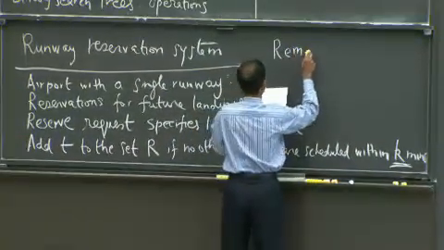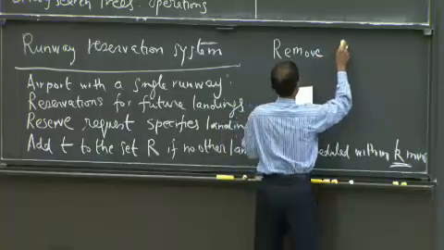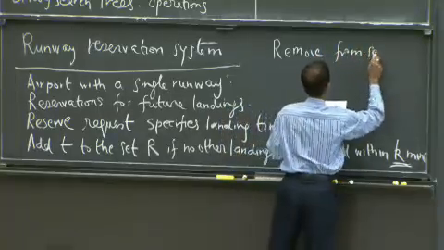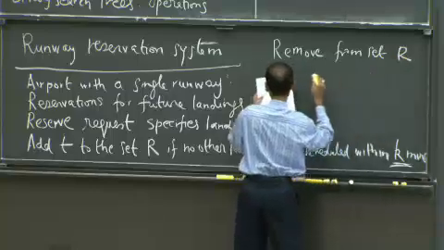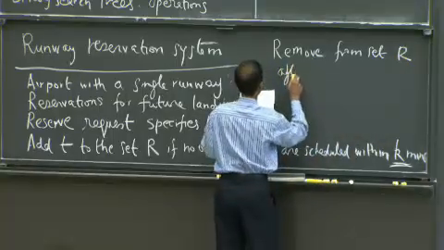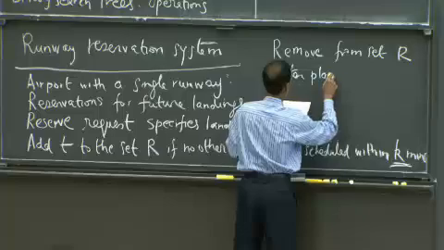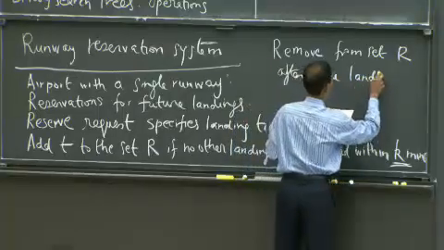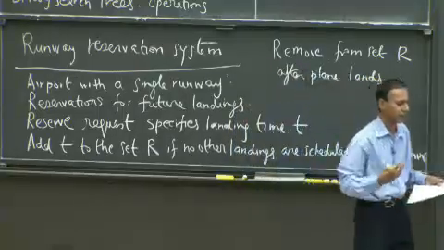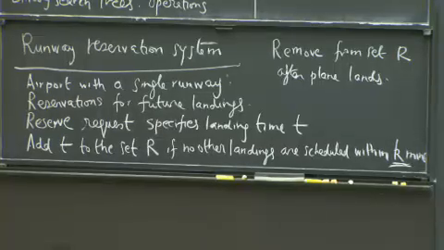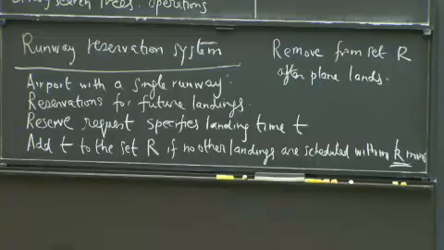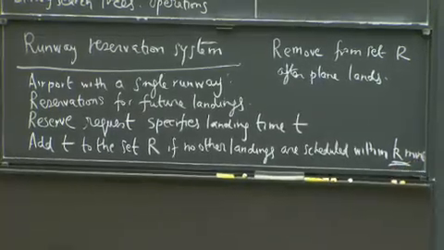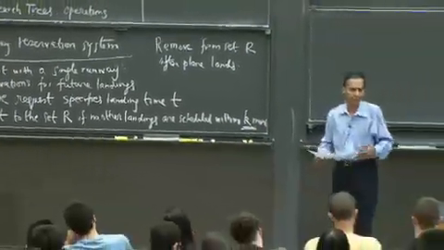We remove from set R, which is the set of landing times, after the plane lands. So every once in a while, as time increments, you're going to be checking the data structure, and you can do this maybe every minute, every 30 seconds. That isn't really important, but you have to be able to remove from this data structure.